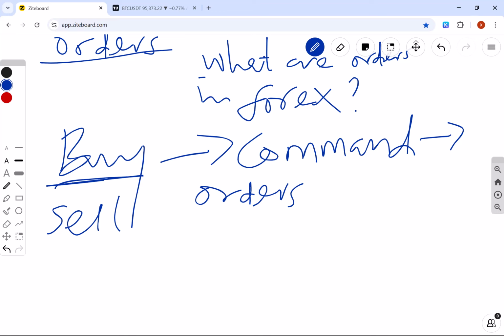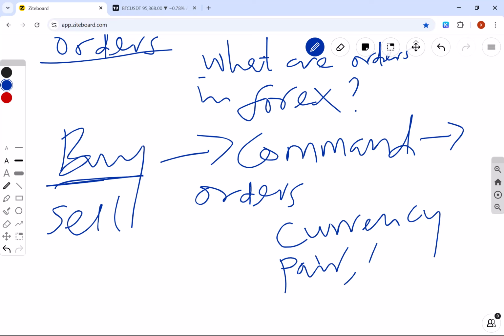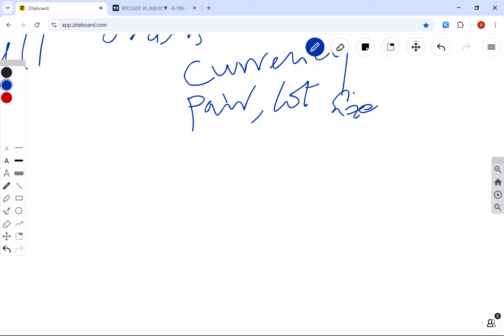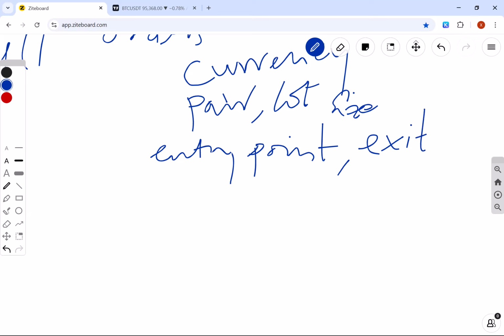These orders specify details such as the currency pair that we want to trade, the lot size we want to use for the trading. Aside from the lot size, we also specify the entry point and the exit point.